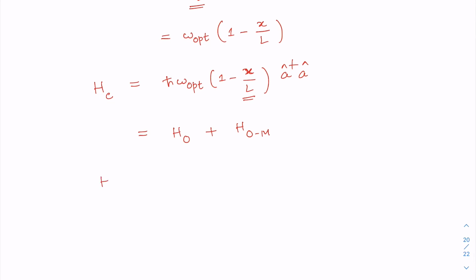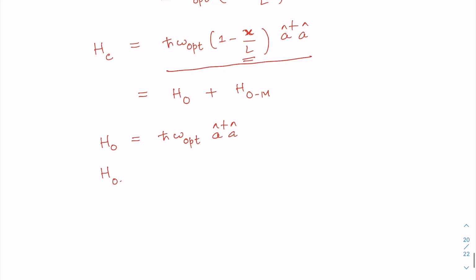In fact, HO, as you can read from this expression, would be h cross omega opt a dagger a, and the interaction term would be minus h cross omega opt by l into x a dagger a.